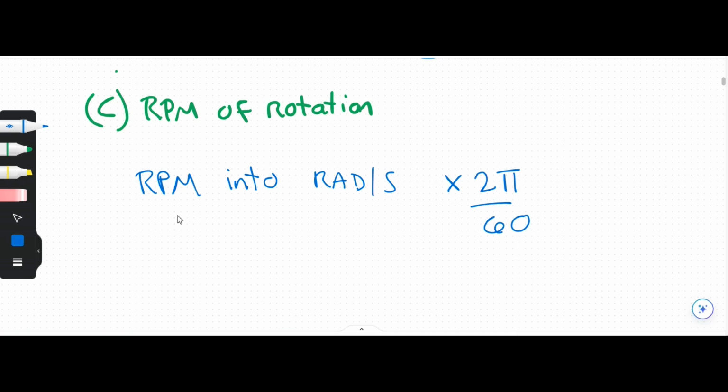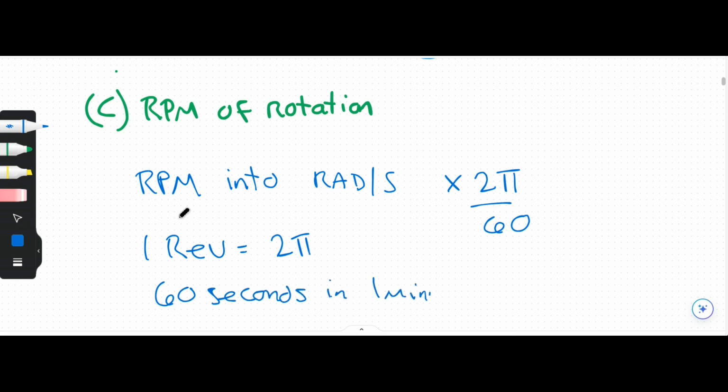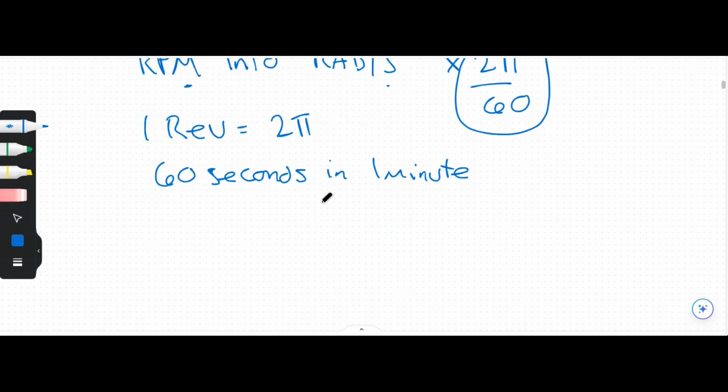That's the conversion rate. The 2 pi bit, because one revolution of a circle is 2 pi radians, and there's 60 seconds in a minute. So this little thing here will do the conversion for us. The 2 pi gets it into revolutions, and the 60 gets the minutes into seconds.